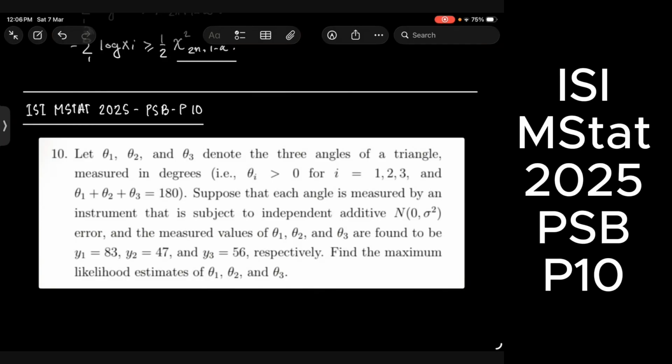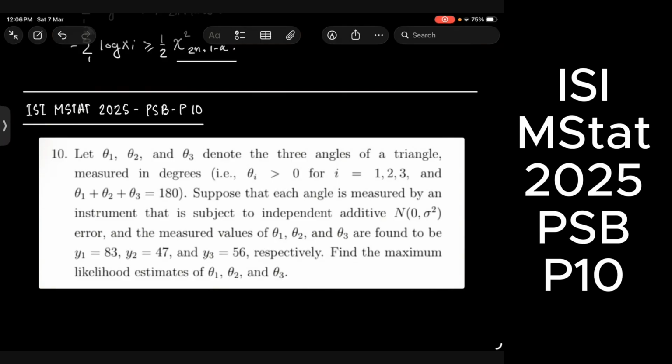How much did you do in the subjective one? In the subjective one, let me tell you. I did question number one, not two, not three. I did four, six, seven. I partially did eight.